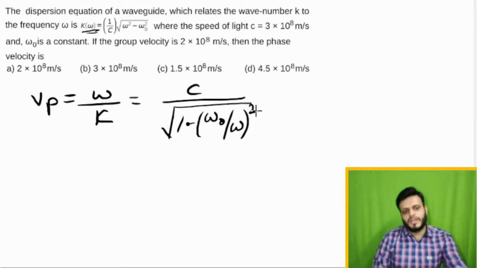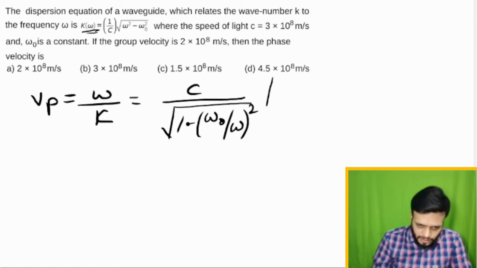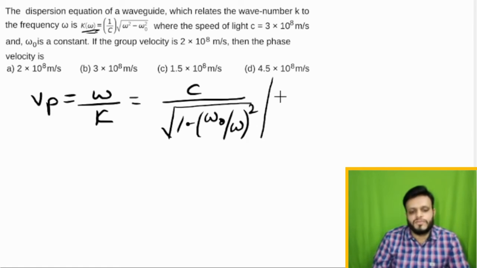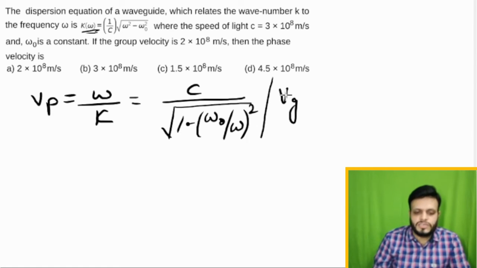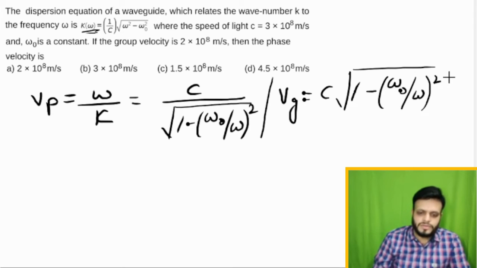Now let us observe. I will write down again the equation we obtained for group velocity, for your comfort: c square root of 1 minus, in brackets, omega naught over omega whole square. Now let us multiply Vp with Vg.